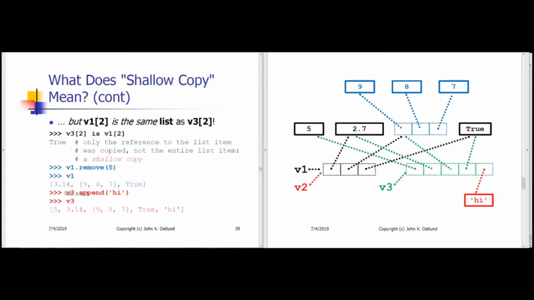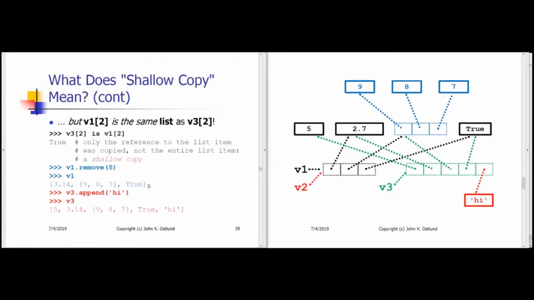If I then append 'hi' to v3, that's going to add another reference to the end of this, now this list of 5 references, and that's going to be a reference to the string 'hi'. So the upshot is I was able to remove an item from v1 and append an item to v3, and those modifications were independent of one another because of the shallow copy.